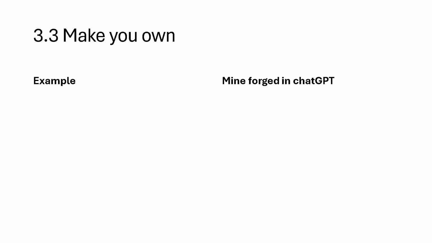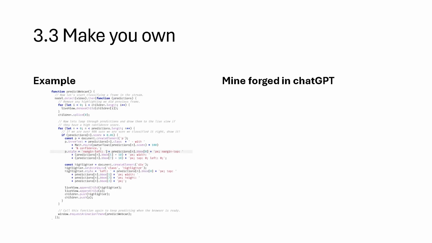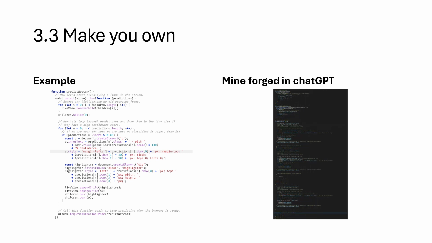Now we make our own COCO-SSD, and his example is very elegant, basically one function that contains everything. And here's mine forged in ChatGPT before I watched this tutorial. And I did learn some things.